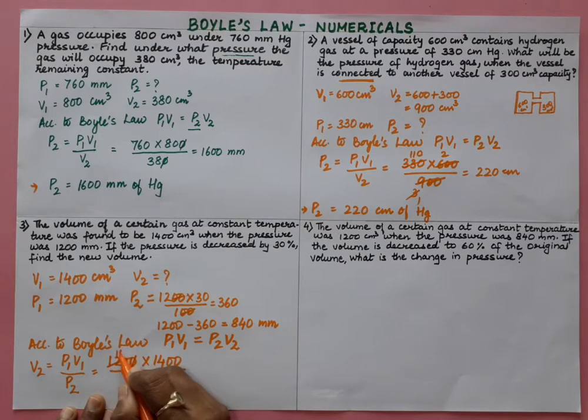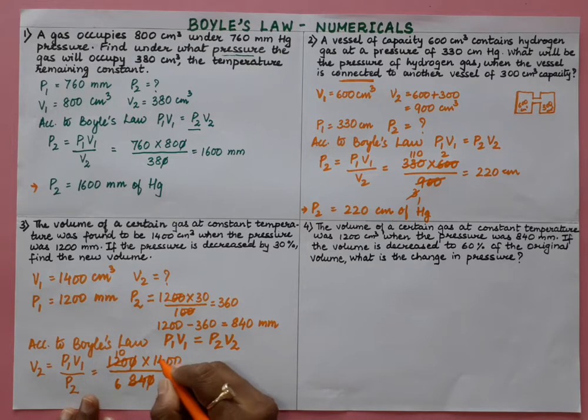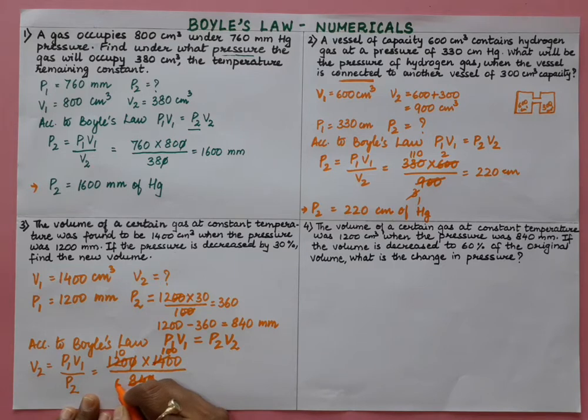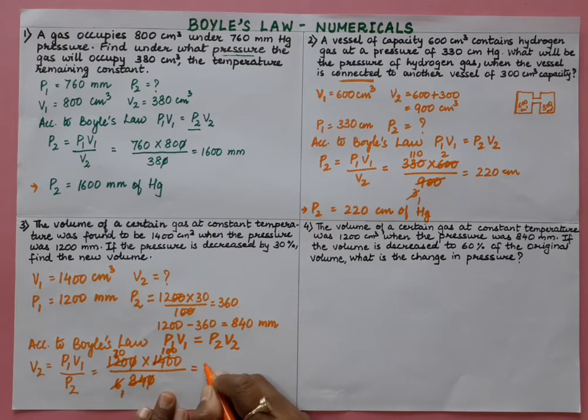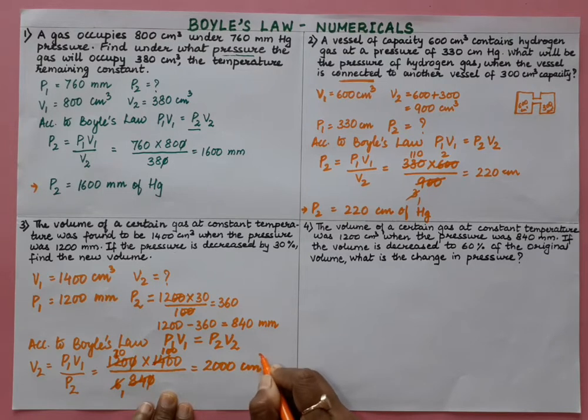And 12 ones are 12, tens are here, and 12 sixes are, right? Sorry, 14. Here we will cancel this. So when you cancel this over here, 14 ones are 14, and here 14 sixes are, right? Now we will say 6 ones are 6, 6 twos are 12, and you will get here answer 2000 centimeter cube.